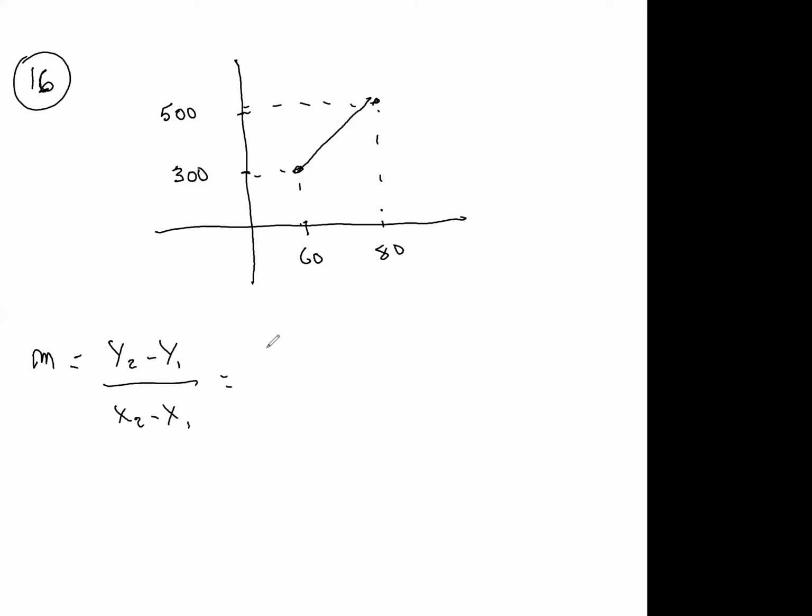Now, y2 minus y1 is $80 minus $60, and x2 minus x1 is 500 minus 300. On the top we got 20 over 200. And my answer is 1 over 10. In other words, he paid $1 for 10 business cards. That will be the rate, the average rate.